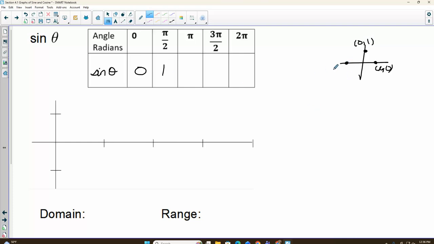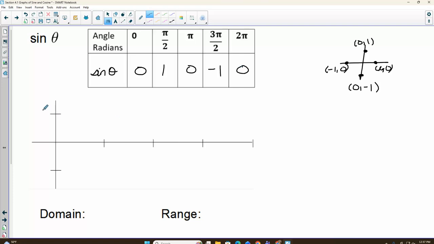Okay, what's the sine of pi? 0. What's the sine of 3 pi over 2? 2 pi, that's the same thing as 0, right? So I'm back to 0. This is where it starts repeating.